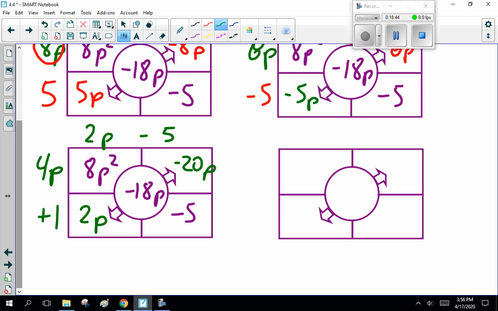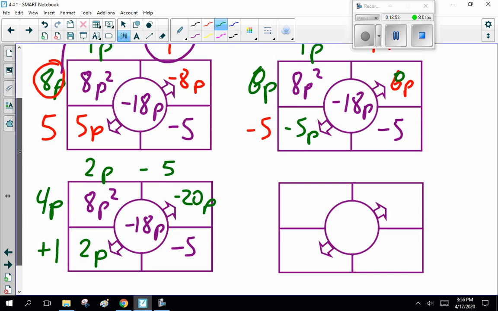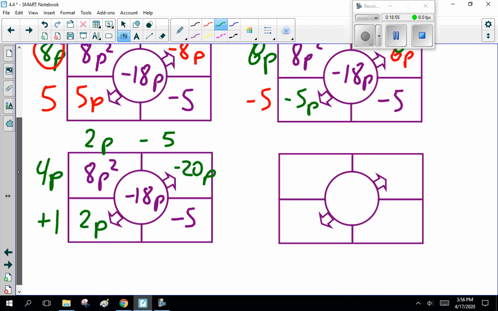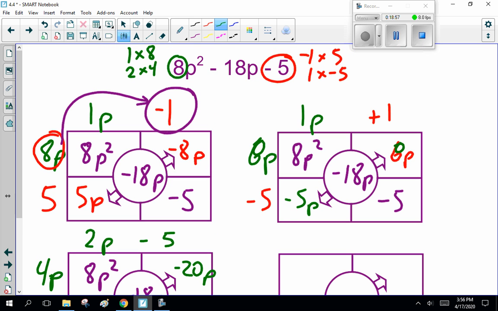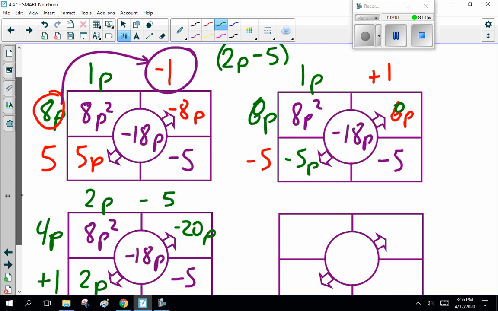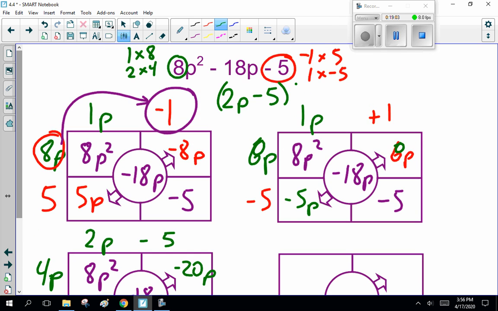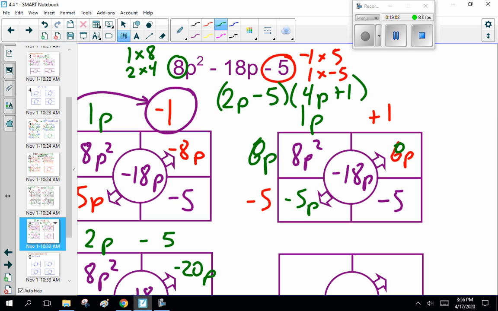Yes, this works. 2p minus 5, 4p plus 1. So sometimes do a little thinking, and it just goes from horrible, bad to horrible. So it's 2p minus 5 times 4p plus 1. All right.